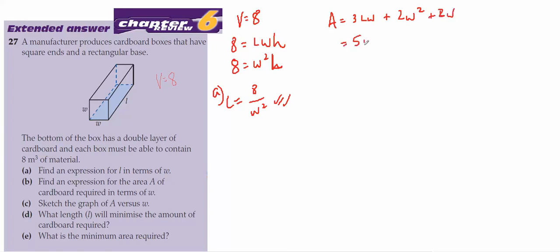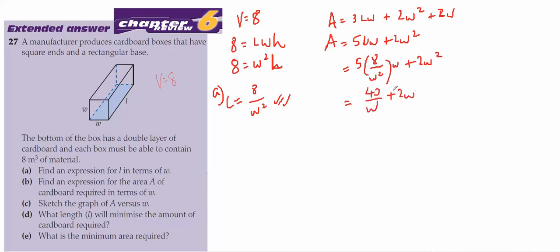So it's 5LW plus 2W squared is what the surface area is going to be, and it's got to be in terms of W. So it's going to equal 5 times 8 on W squared times W plus 2W squared, which equals 40 on W plus 2W squared, is an expression for the surface area.